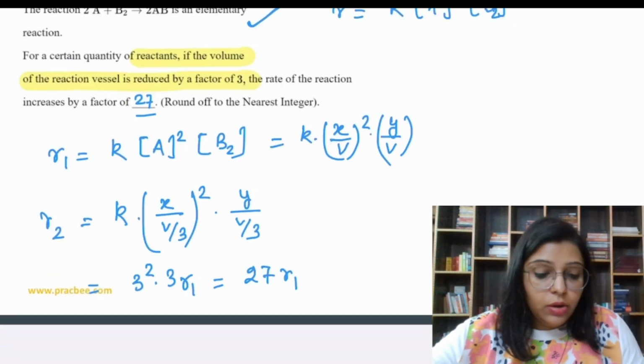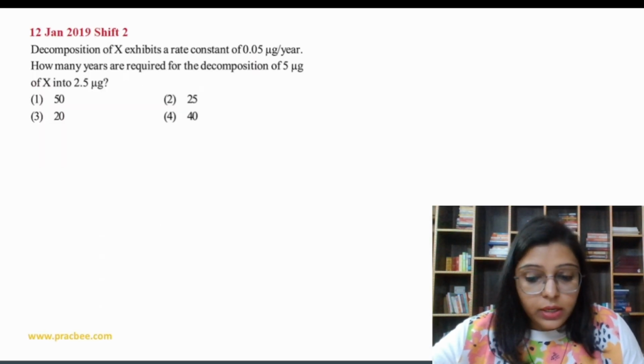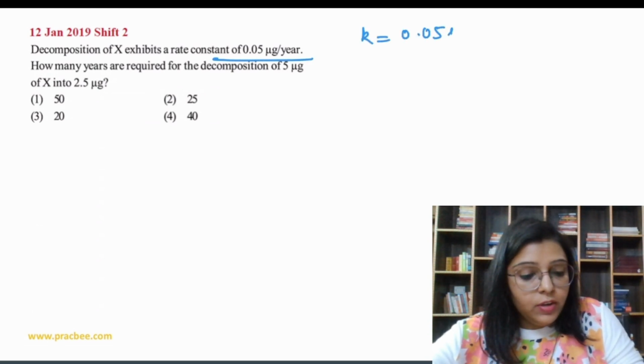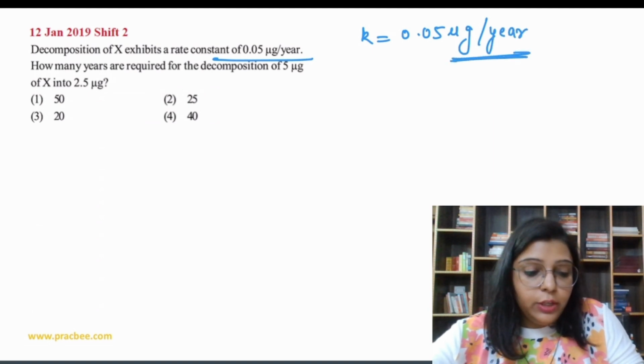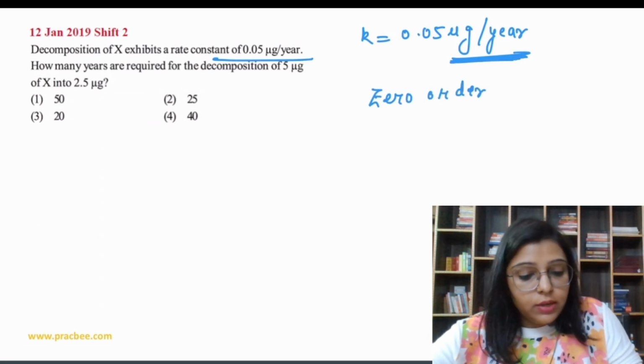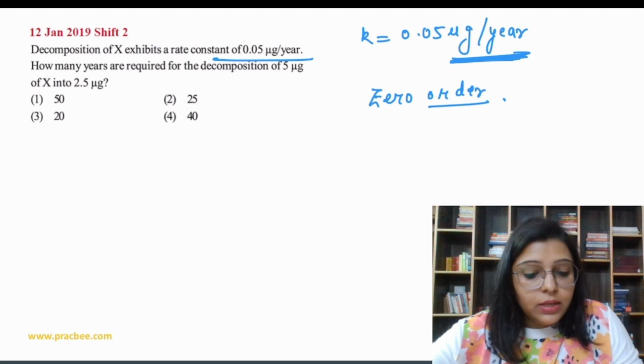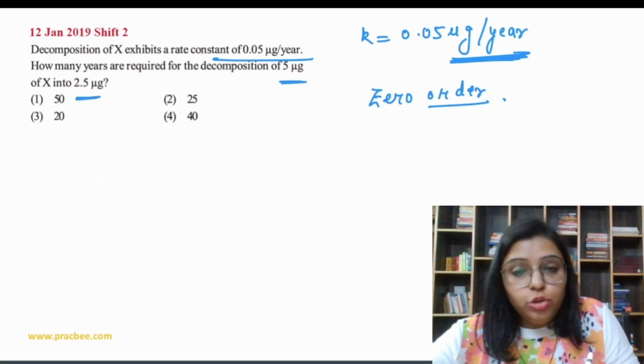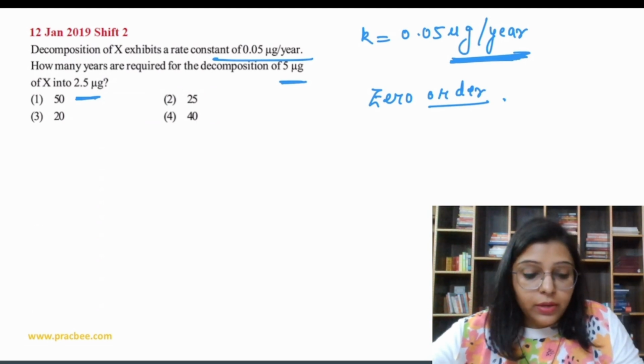Okay, now let's do the next question. Decomposition of X exhibits a rate constant of 0.05 microgram per year. So if you see the unit of the rate constant, it is going to be a zero order reaction. How many years are required for the decomposition of 5 microgram into 2.5 microgram?